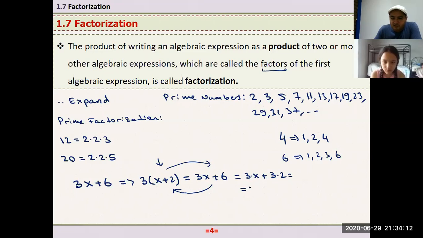I can take this out, right? And here we have x plus 2. This is really important in math because soon we will start studying solving algebraic equations. When we are solving algebraic equations, this thing is really important. We have to factorize and after that solve this, okay?